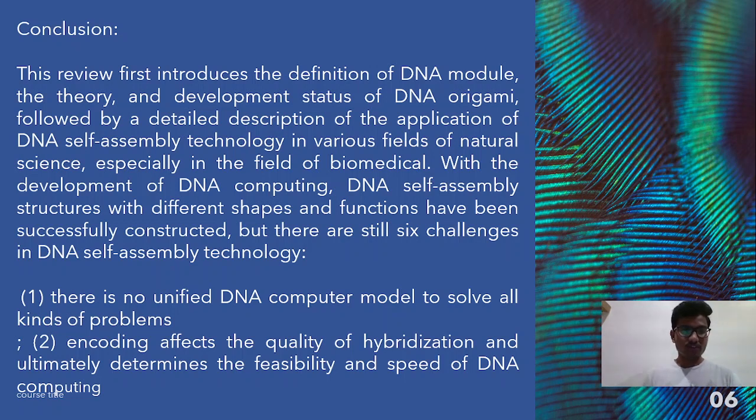They are the following. First, there is no defined DNA computer model to solve all kinds of problems. Second, the encoding affects the quality of hybridization and ultimately determines the feasibility and speed of DNA computing.